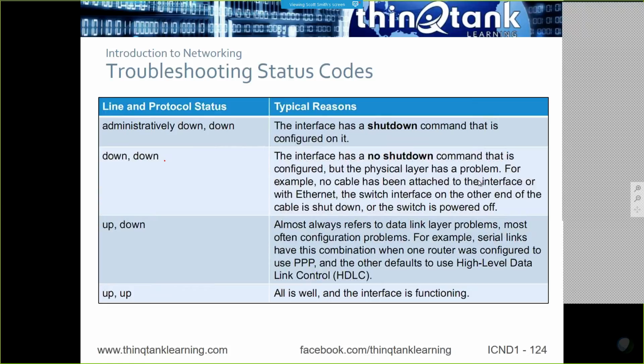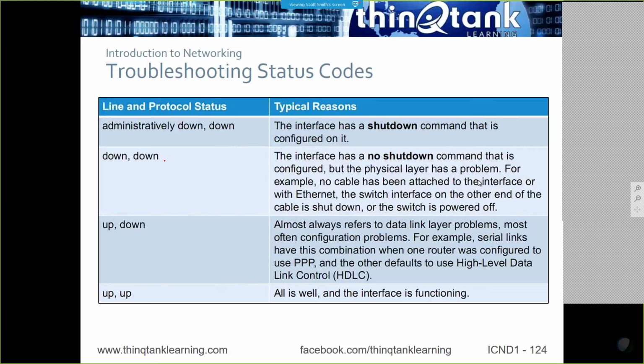Now, as far as up goes, that means that the physical layer and the data link layer are working. That doesn't mean that the interface is configured correctly. If it's a router interface, for example, I can see up even though the router interface might not have an IP address assigned. Because what does the up refer to?